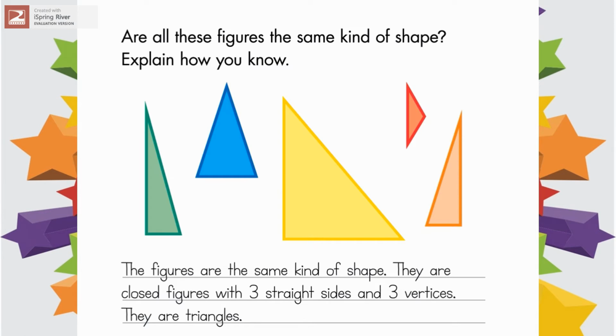These students understand that two-dimensional shapes have some attributes that define them, such as the number of straight sides and vertices. They also have other attributes, such as color, size, and position, that do not define what shape they are. Understanding the attributes that define two-dimensional shapes will help students create the shapes.